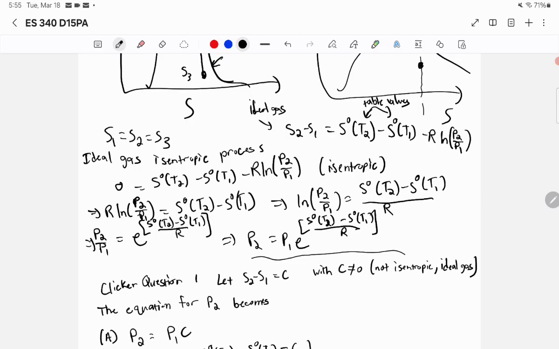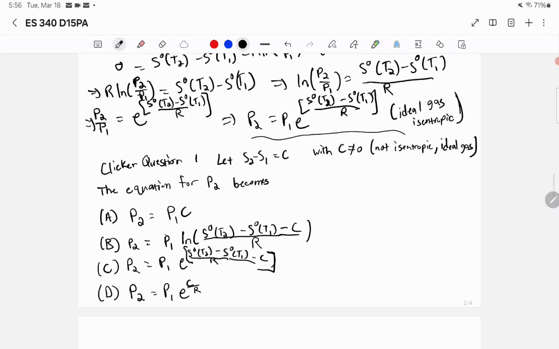So if I wanted to find the new pressure, this is how I would go about it. So the second pressure is exponentially related to the first pressure if it is an ideal gas, in an isentropic process.